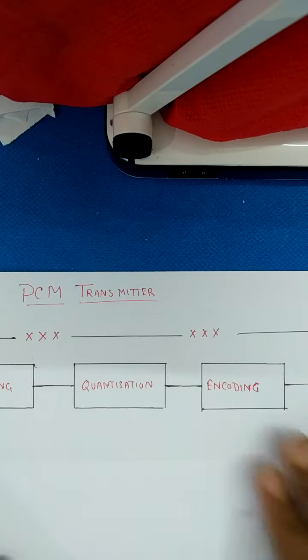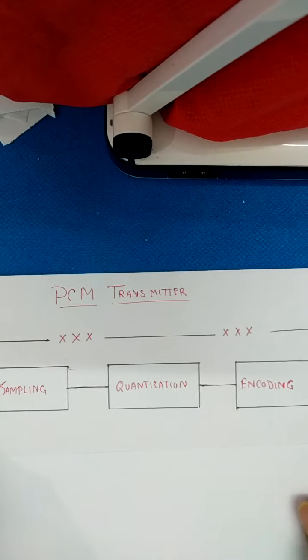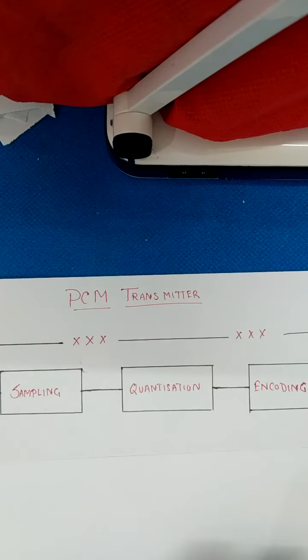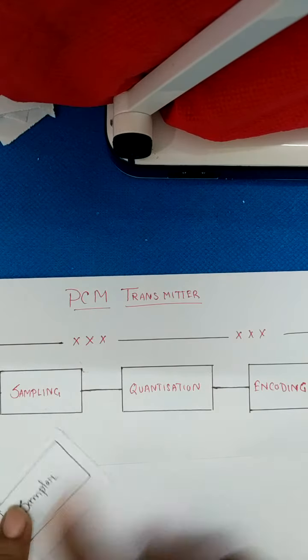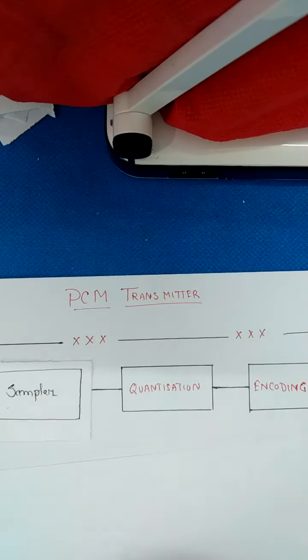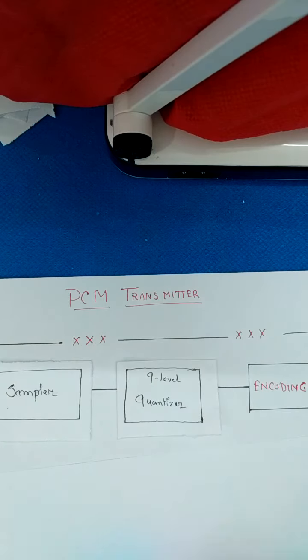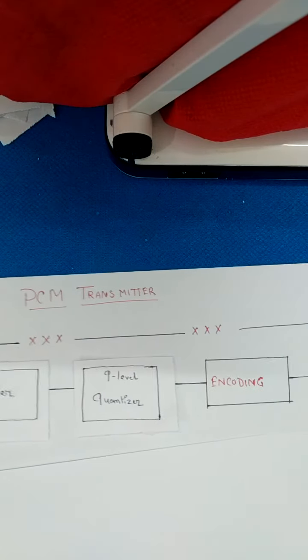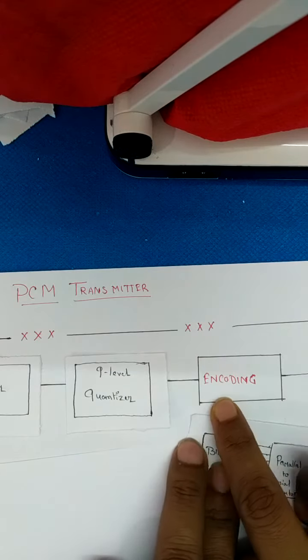Now going into the detail of the functionality, for sampling we need a sampler, and for quantization we need a Q level quantizer, and for the final level we will need a binary encoding.